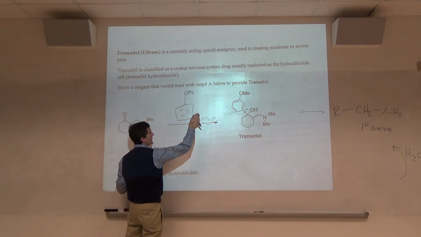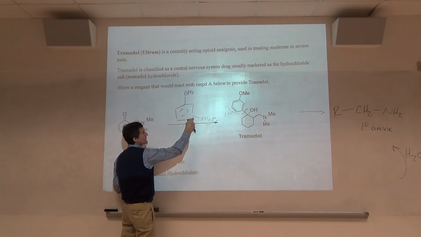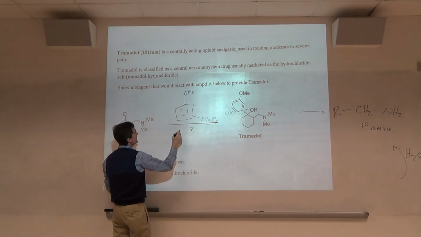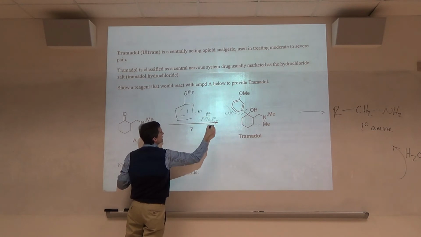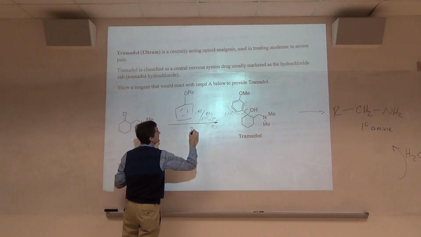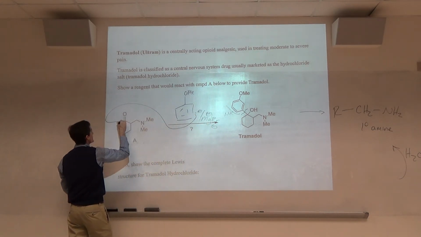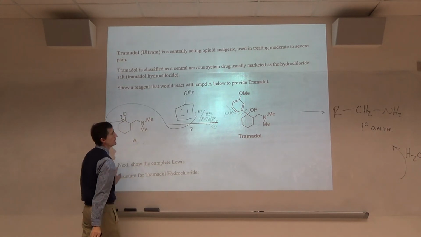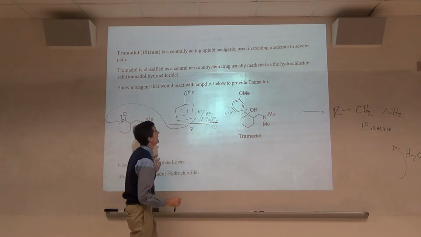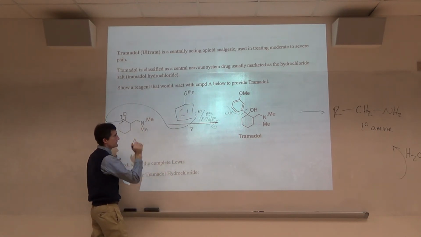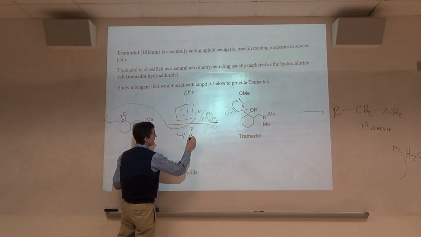You need this Grignard, and that carbanion, right? This is essentially a carbanion, MgBr plus. This carbanion attacks the carbonyl, electrons up. You make that bond, and then this picks up a proton with aqueous workup.